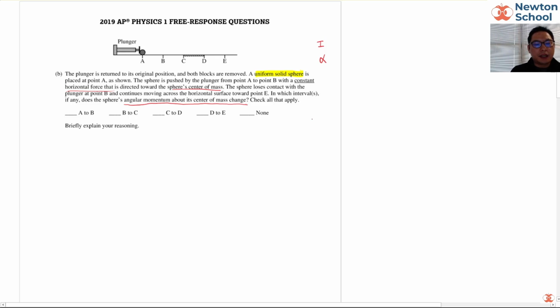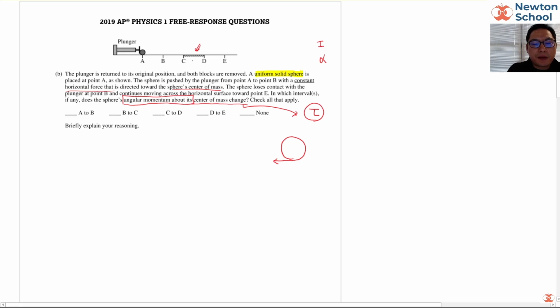This is a little tricky question because, I mean, if you want to get to the point quickly, angular momentum will change when there's torque applied to the ball. But here, the torque could only be applied by friction.